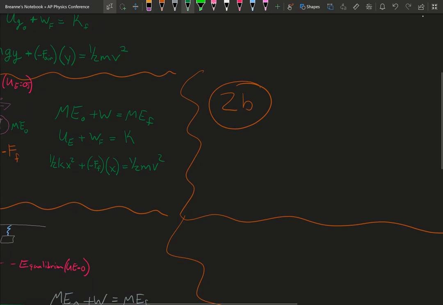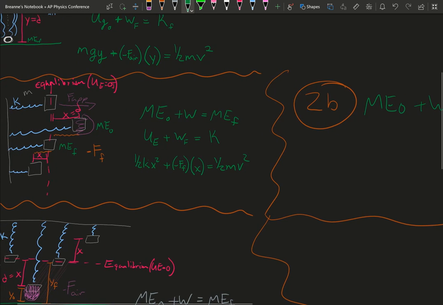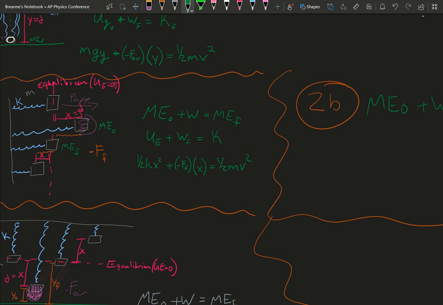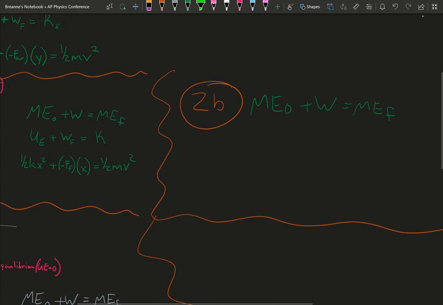We're still going to have our initial mechanical energy plus work equals our final mechanical energy. I'll pick a different color so it doesn't all blend together.